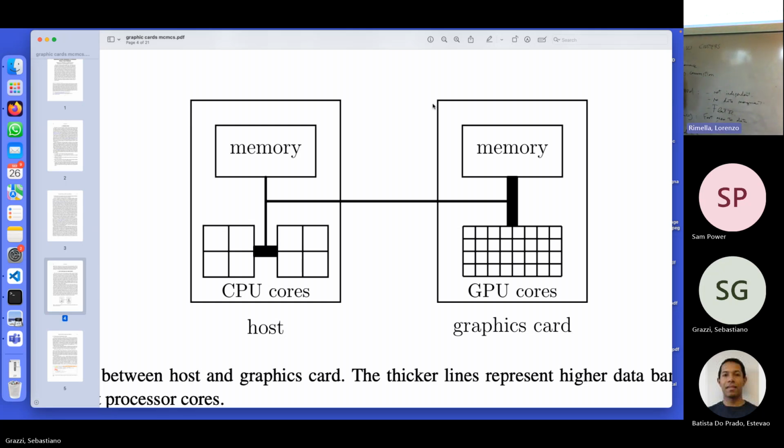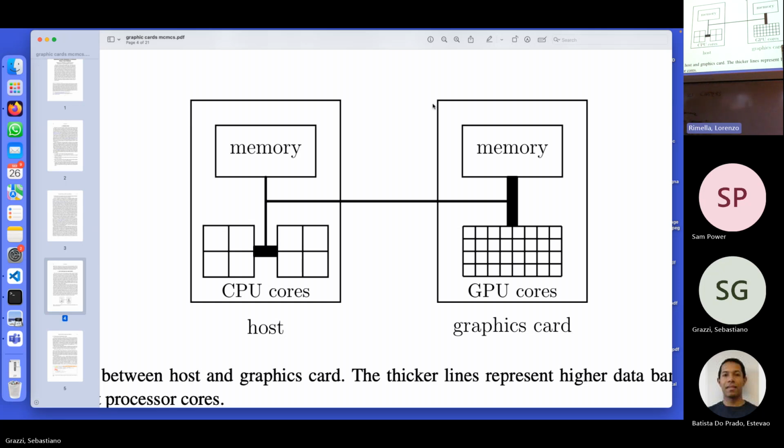The GPU has also many cores, many processors, if you compare them with CPUs. The black line is what I called before the bandwidth. So the GPU has its own memory, which is not the CPU memory, and it can access and write data on memory much faster because of its bandwidth.